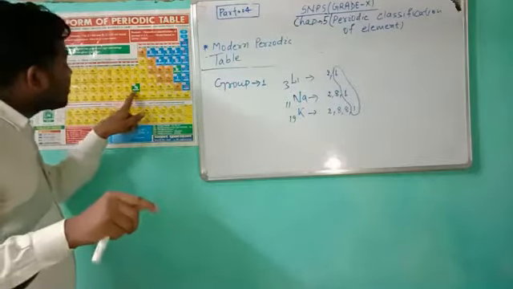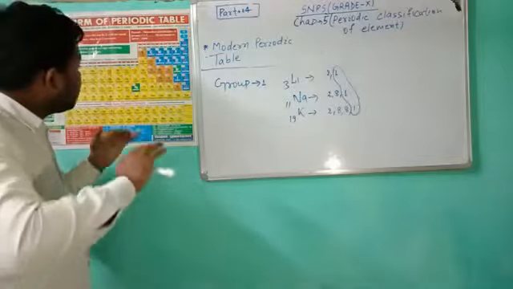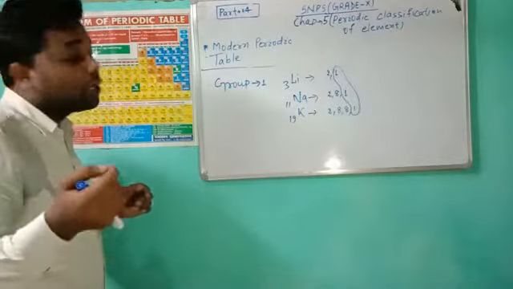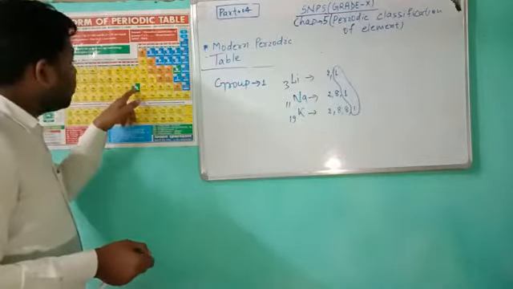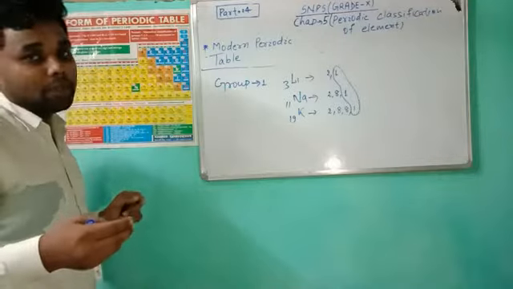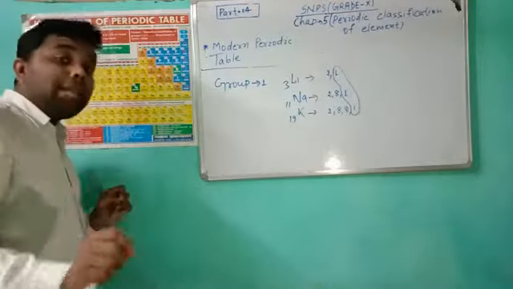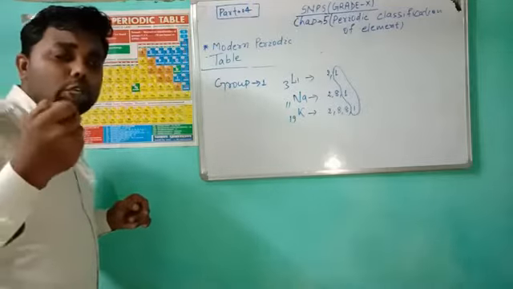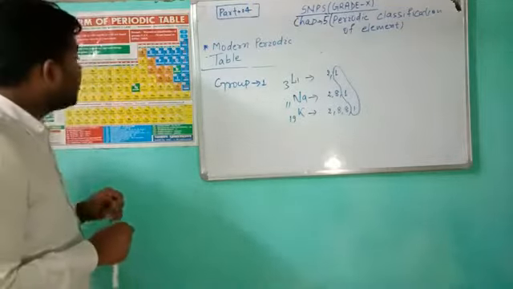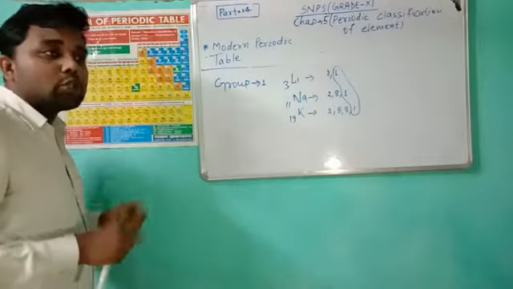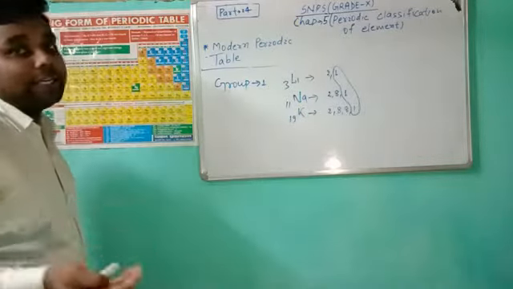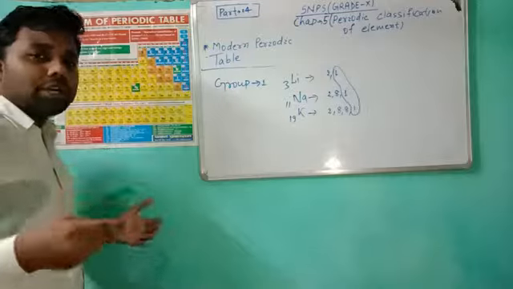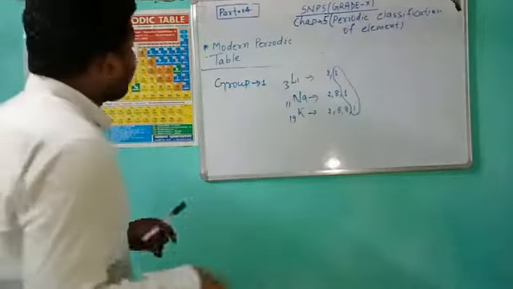And here Hg, mercury, has a different color because mercury has a different property. The only metal that is present in the liquid state at room temperature is mercury. So it has a color of green, just to look different, nothing else.